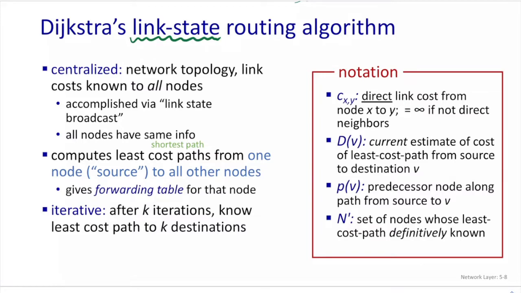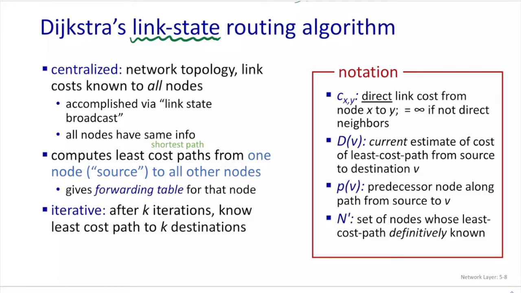It is a centralized routing algorithm, so the topology, the link costs, the node and edge information are known to all nodes. Those information will be broadcast by link state broadcast among all those nodes. So the node that runs the link state routing algorithm has to share its information with all nodes. Okay, so all nodes have the same information.